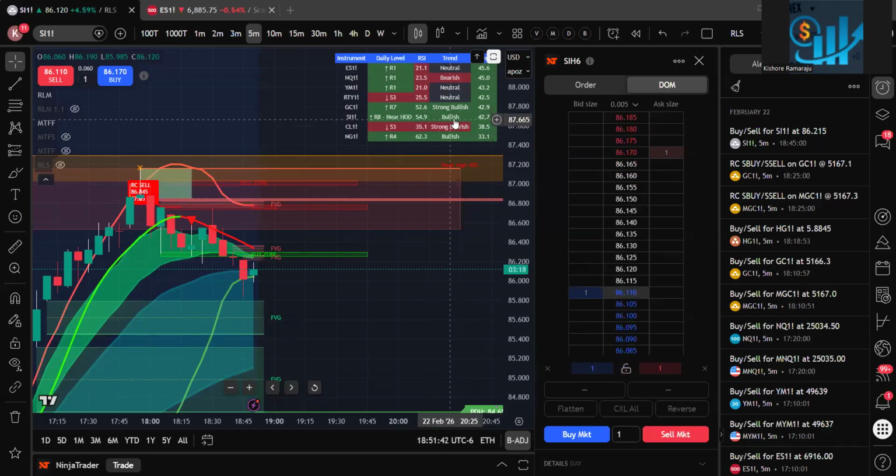Because the trend is bullish for silver, you avoid the sell signals. Only focus on buy, right? Either bullish or strong bullish, only buy signals. Either strong bearish or bearish, only sell signals.